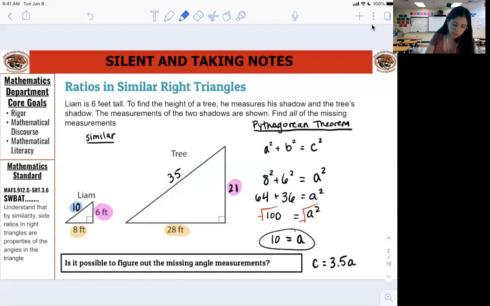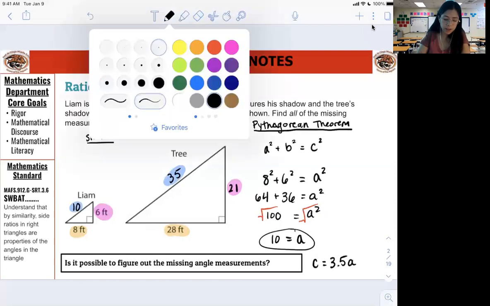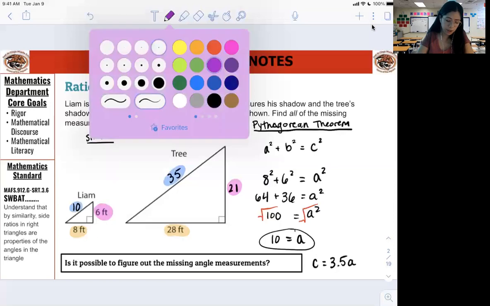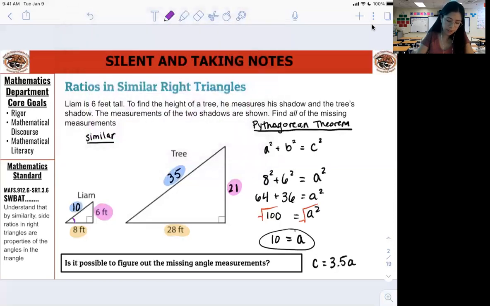Okay, so we found all of the missing side lengths. There's a question down at the bottom: is it possible to figure out the missing angle measurements? Because right now, I do not know what the measurements are. I know that they're congruent since I have similar triangles, but I don't know how much they measure.